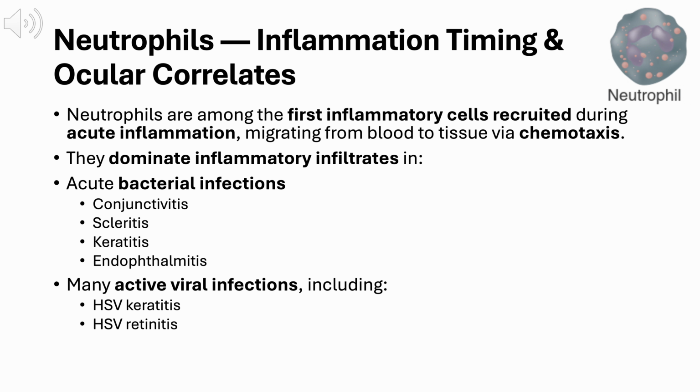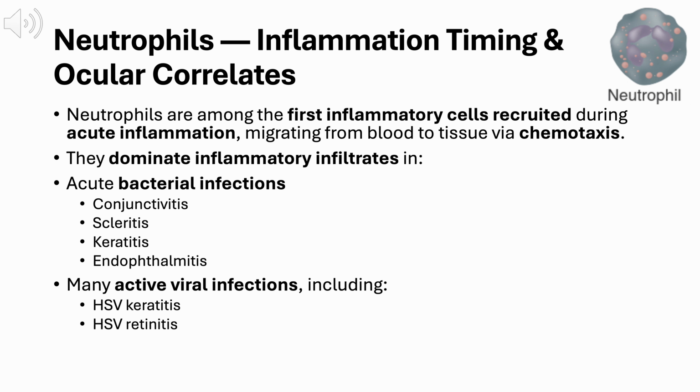Neutrophils are especially important during the earliest phase of acute inflammation. They are rapidly recruited from the bloodstream into affected tissue through chemotaxis, meaning they migrate toward chemical signals released at the site of injury or infection. Because of this rapid response, neutrophils often dominate the inflammatory infiltrate in acute bacterial disease.